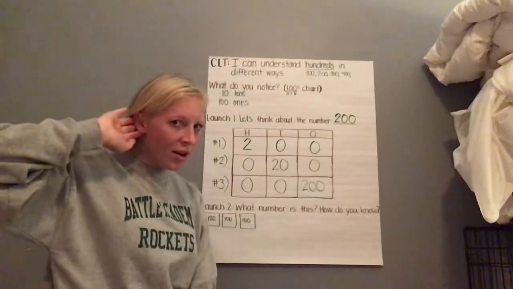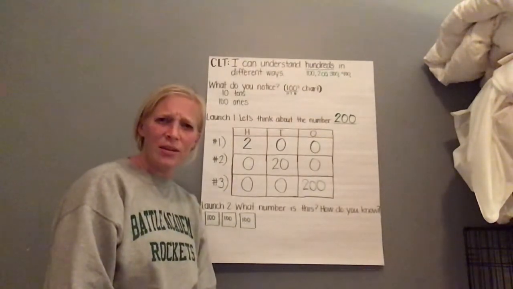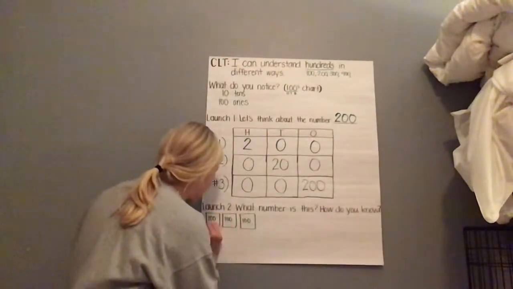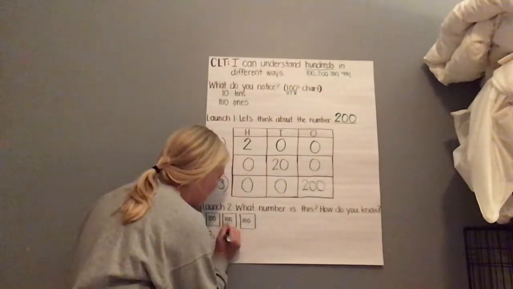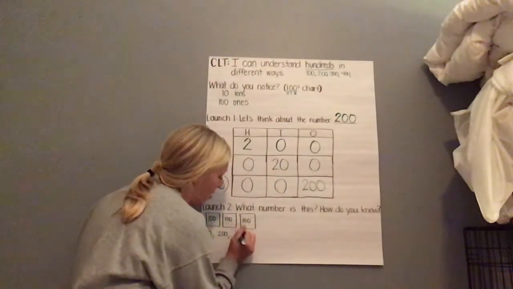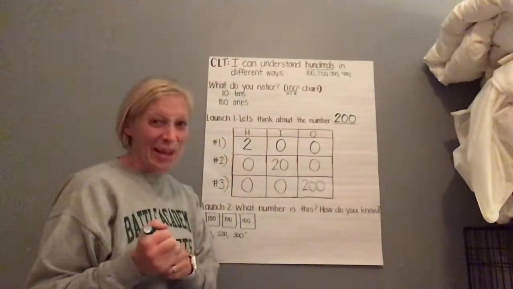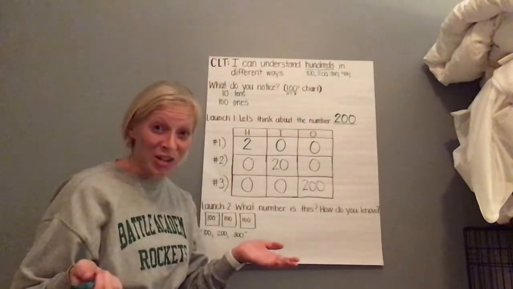How do you know that's worth 300? So when you say it, you might say 100, 200, 300. It sounds like you're skip counting, a lot like our tens. We can skip count by 100s too, can't we?